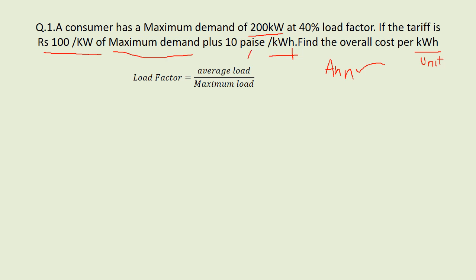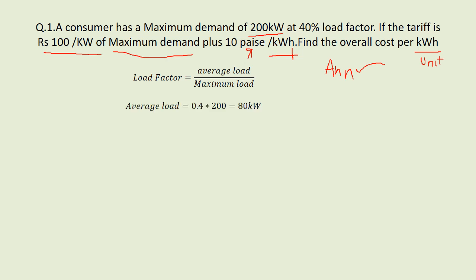Because kilowatt hour is based on the average load, we need to find out the average load in kilowatt, and then convert it into kilowatt hour. As you know, the load factor is the ratio of average load to maximum load, so the average load is the multiplication of your load factor and maximum load.